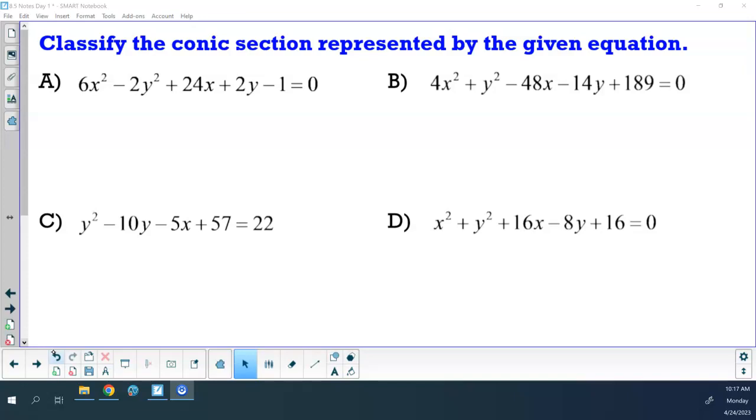We'll take the easy one first. Which one's the parabola? C. There's only one squared term in C, and no other squared term, so that one is the parabola.